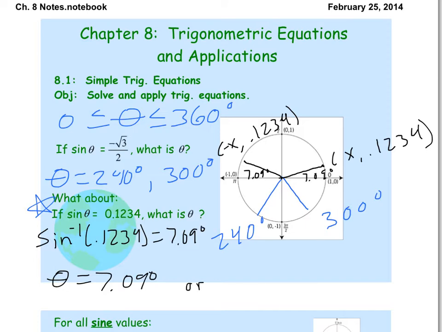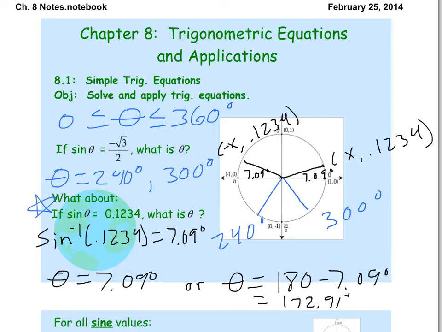So my second solution would come from taking 180 minus 7.09 degrees, and we would get 172.91 degrees.